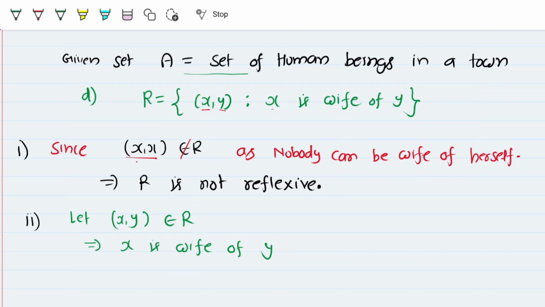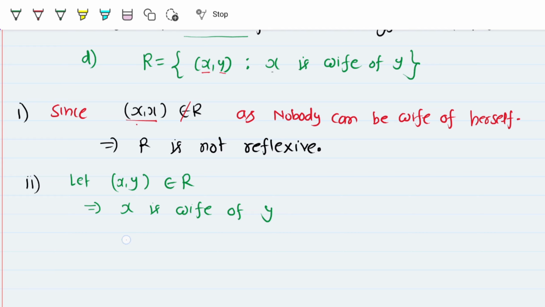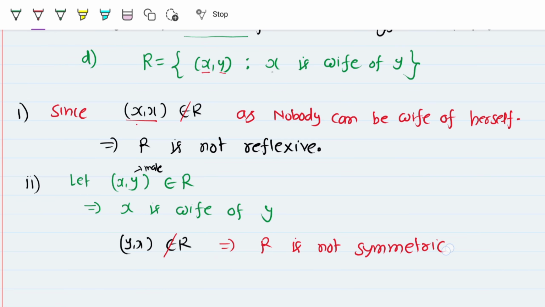Now for the symmetric, y comma x also should be in R, but y comma x cannot be in R, because y comma x in R means y is wife of x. But if x is wife of y, then y is male. Surely y is male. A male cannot be wife. It implies y comma x does not belong to R. It implies that R is not symmetric.